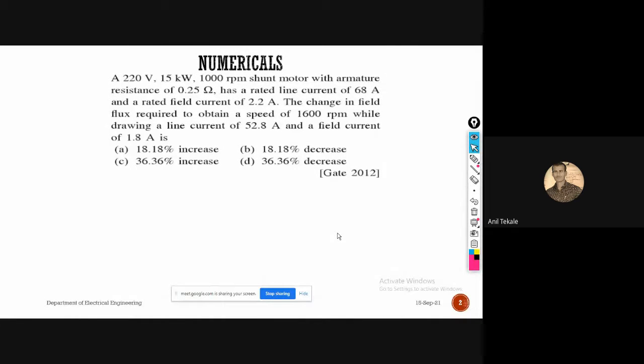Is it visible clearly? Yes, Sagar, is it visible? Kame, is it visible? Yes, sir. Kame, read the example.